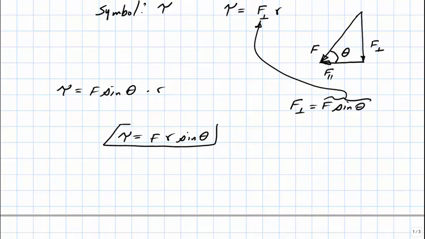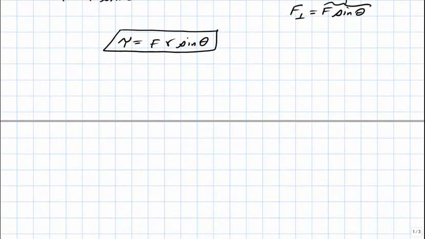That is the general torque equation. In this equation, R is called the moment arm. And the word moment just means leverage.